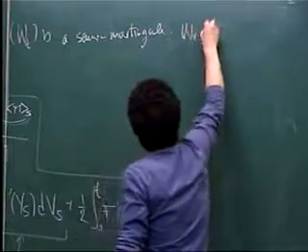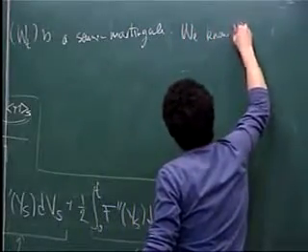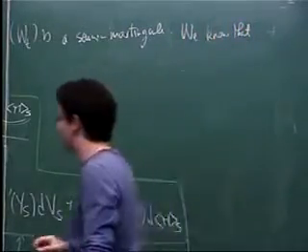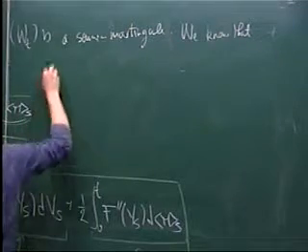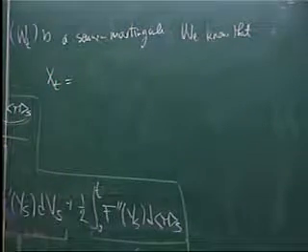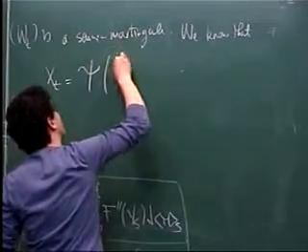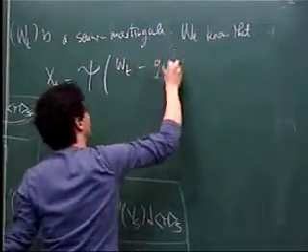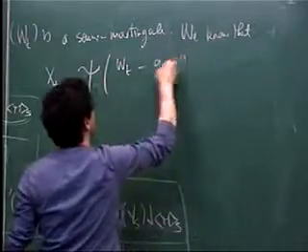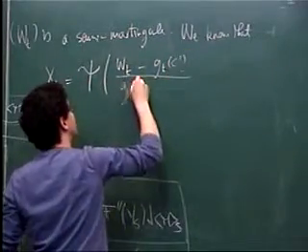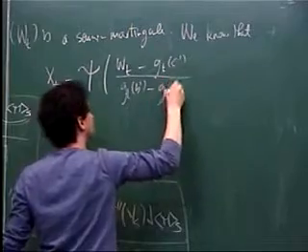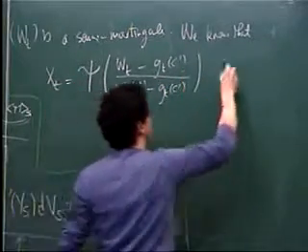And now we go the other way around: psi of Wt minus gt of C prime, divided by gt of B prime minus gt of C prime. We know that this is a martingale.